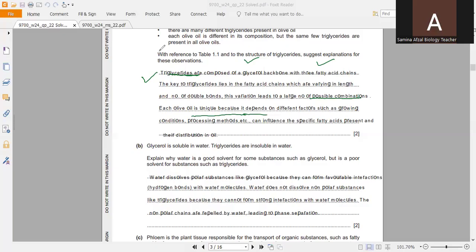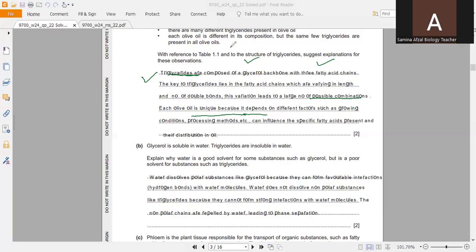They all need different nutrients to grow. In this way, they will be different from one another, and this can influence the specific fatty acids present and their distribution in the oil. That is the reason different types of fatty acids are available in different things.